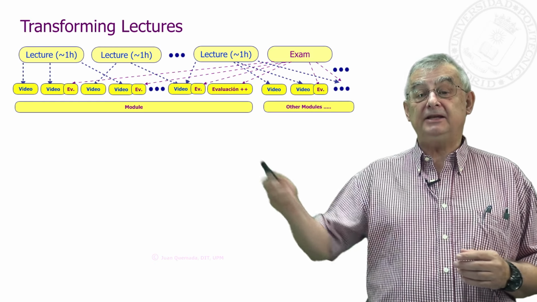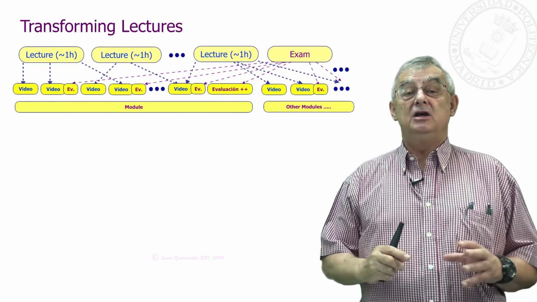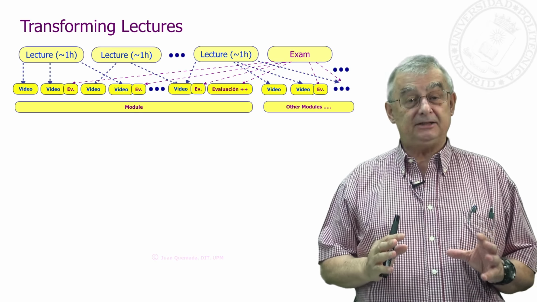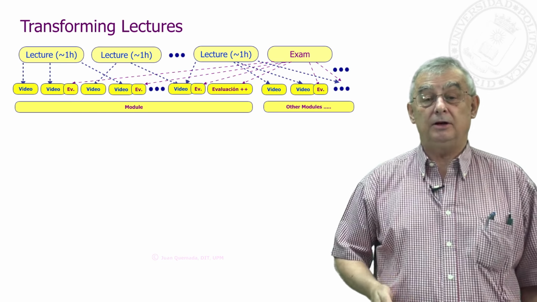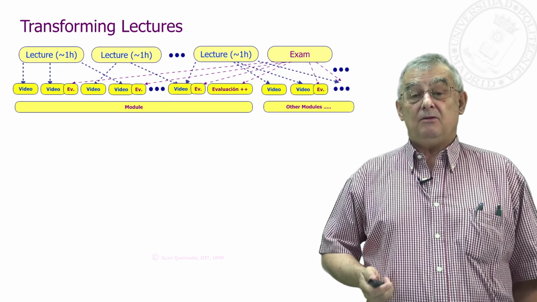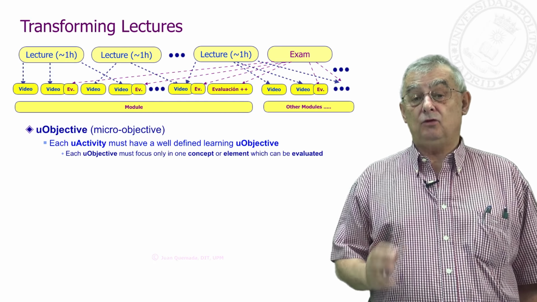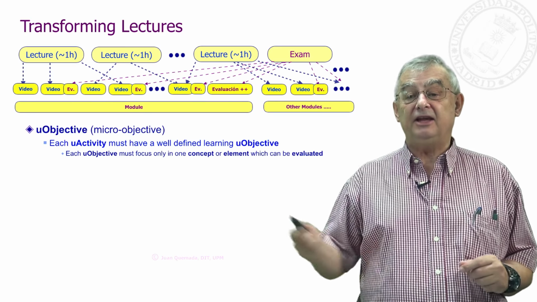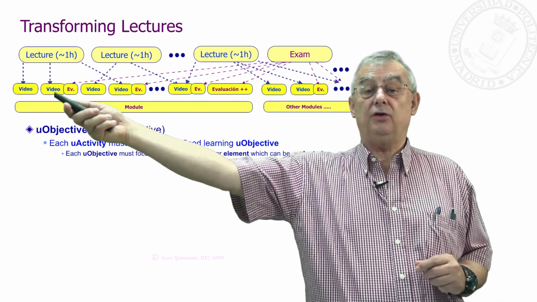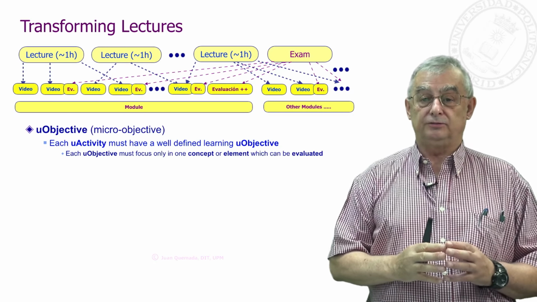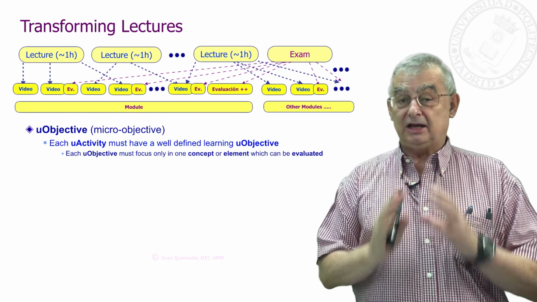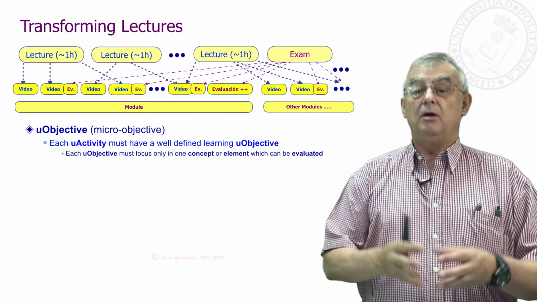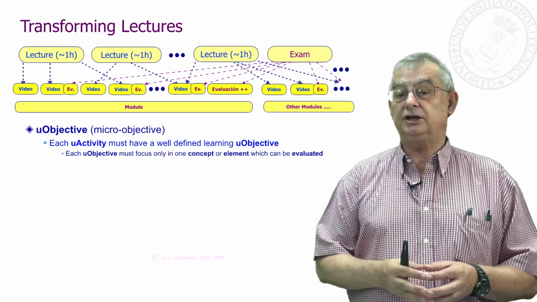In order to make this transformation successfully, which seems easy but is not so easy, at least this was our experience, we propose that you work with micro-objectives. A micro-objective is the learning objective defined for each of those micro-lectures, for each of those micro-activities. It is what you would like the learner to learn with the material you provide associated with this video.